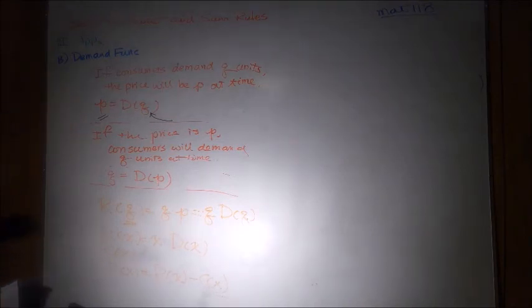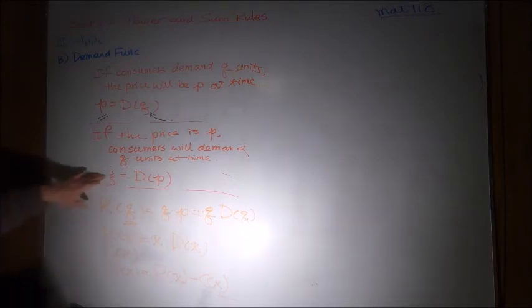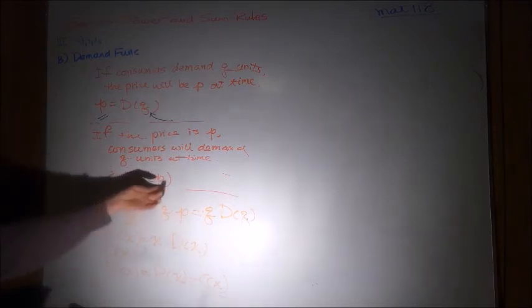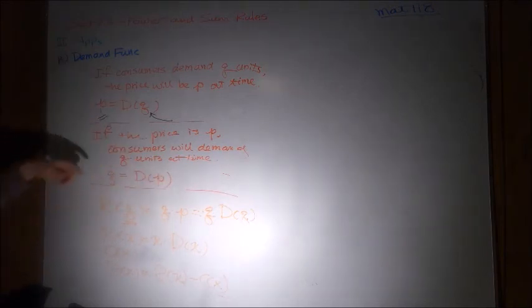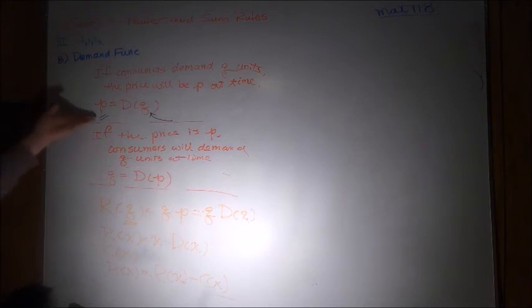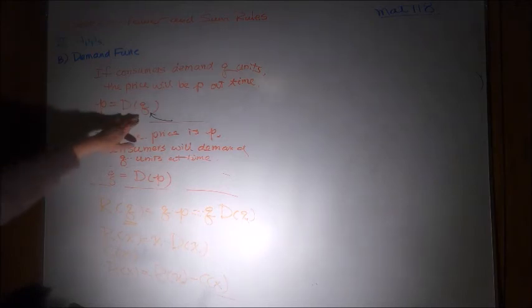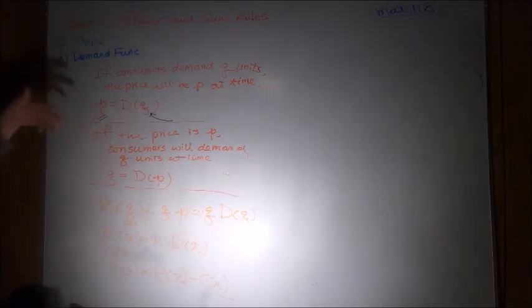So we are talking about the demand function. Let's see some examples. Maybe that will help a little bit. Usually I would think of the quantity demanded according to the price. But we can also think, if we have more quantity demanded, then the price would be lower.